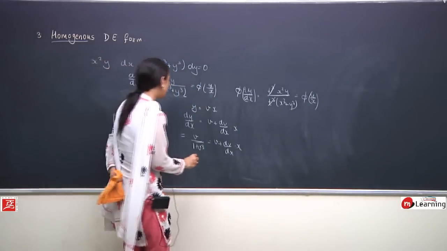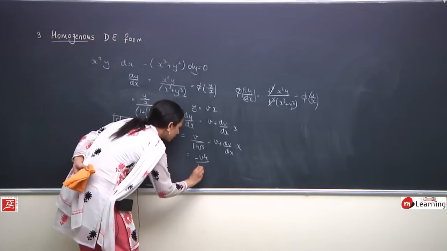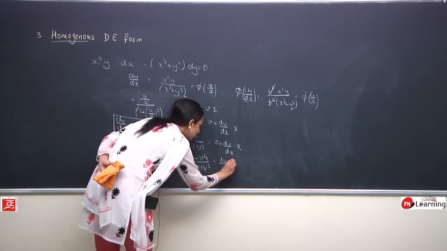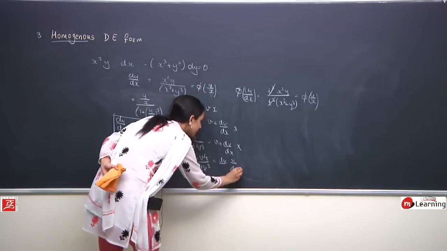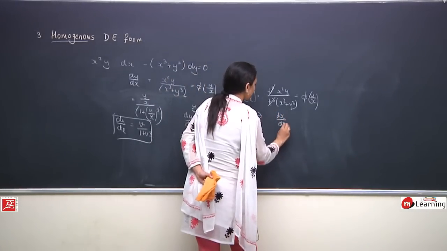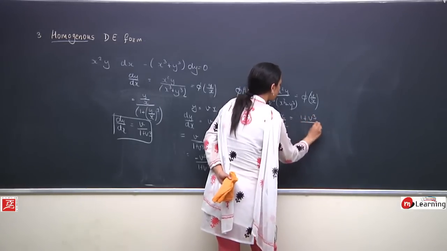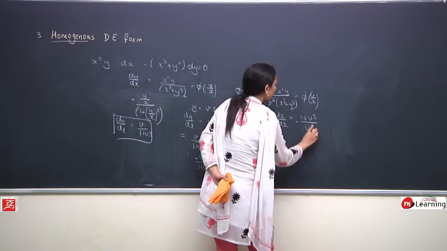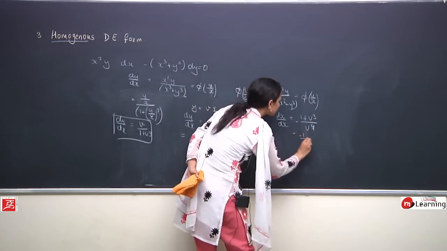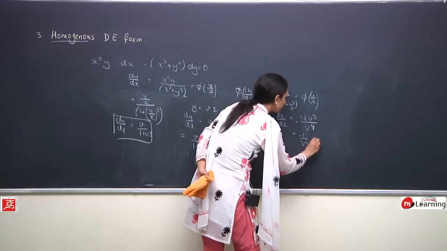On solving, what we'll get? We'll get minus v to the power 4 upon 1 plus v cube is equals to dv into x upon dx, or this equation I can write as dx upon x is equals to 1 plus v cube upon minus v to the power 4, which is equals to minus 1 upon v to the power 4 plus 1 upon v.